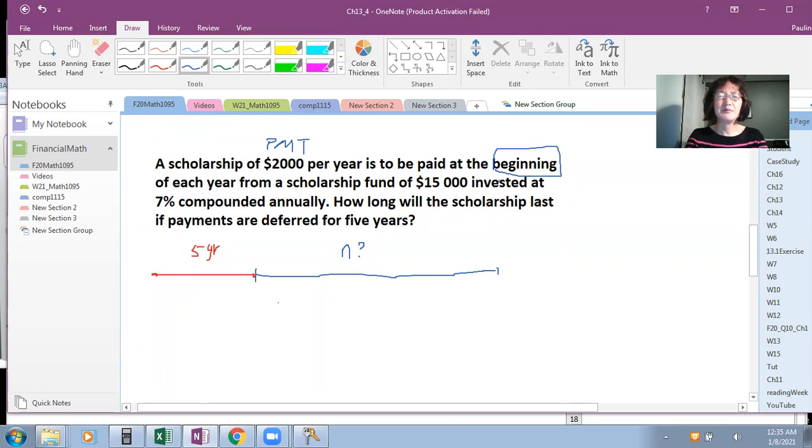From a scholarship fund of $15,000, so 15,000 is the present value here. 7% compounded annually means CY equal to 1. Scholarship is paid every year, so PY is also 1.